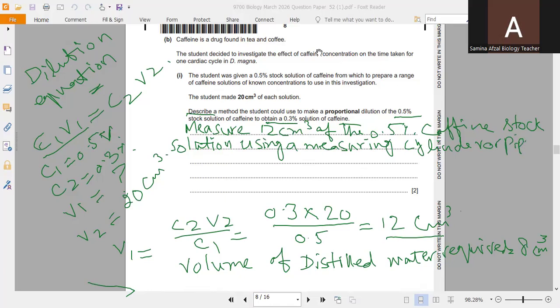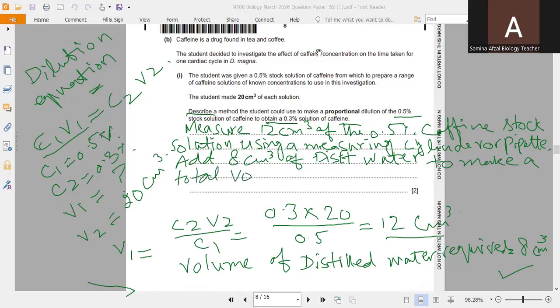You can also use a syringe over here. Second, add 8 cubic centimeter of distilled water, which we had calculated, to make a total volume of 20 cubic centimeter.